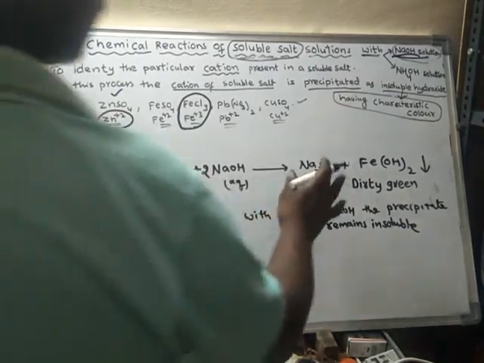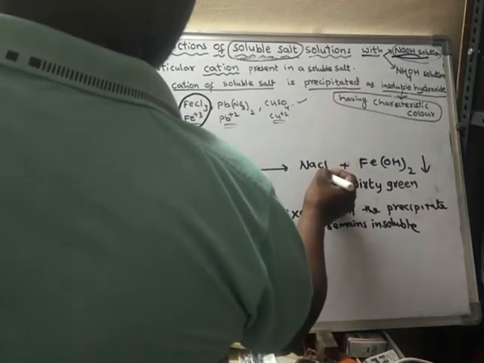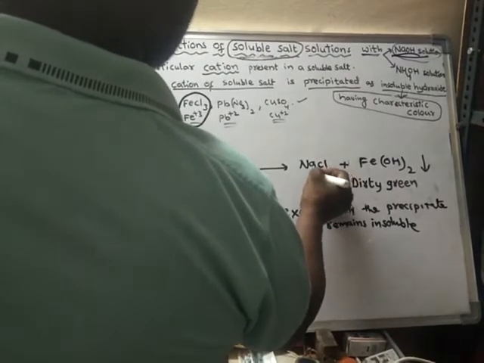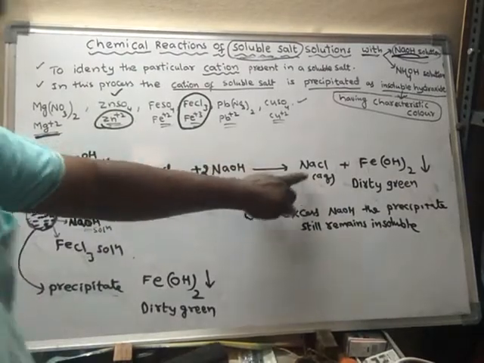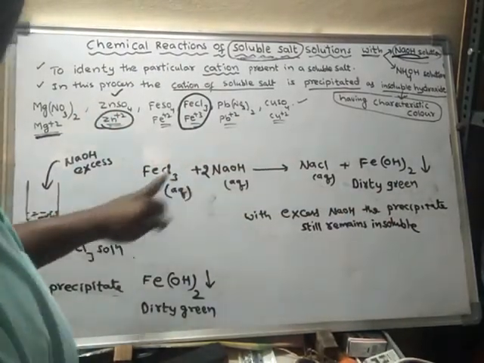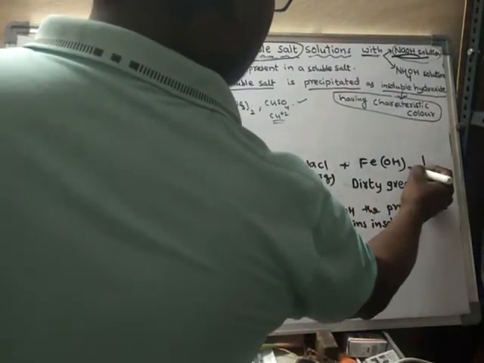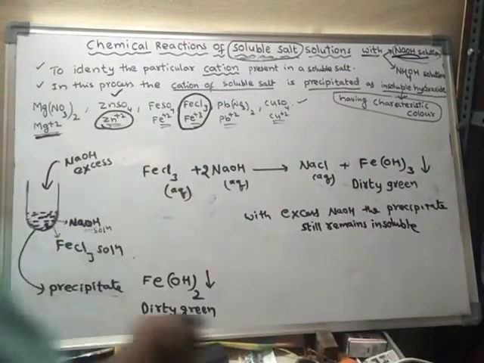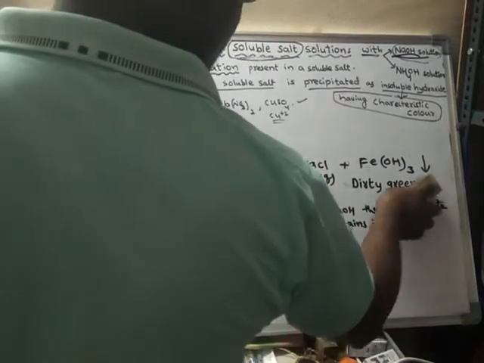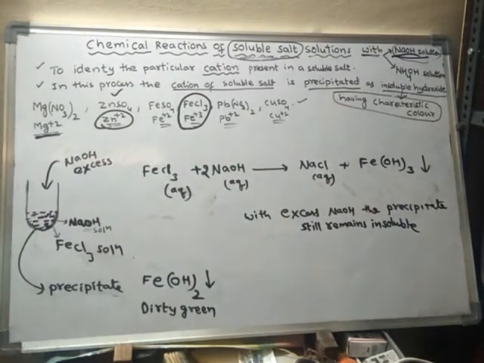It forms sodium chloride, which is aqueous. All these are soluble, and only this one is insoluble. As it is a ferric ion, it contains 3 OH, so the color will be different. Fe(OH)3, taken thrice, now; before that it was Fe(OH)2, taken twice.